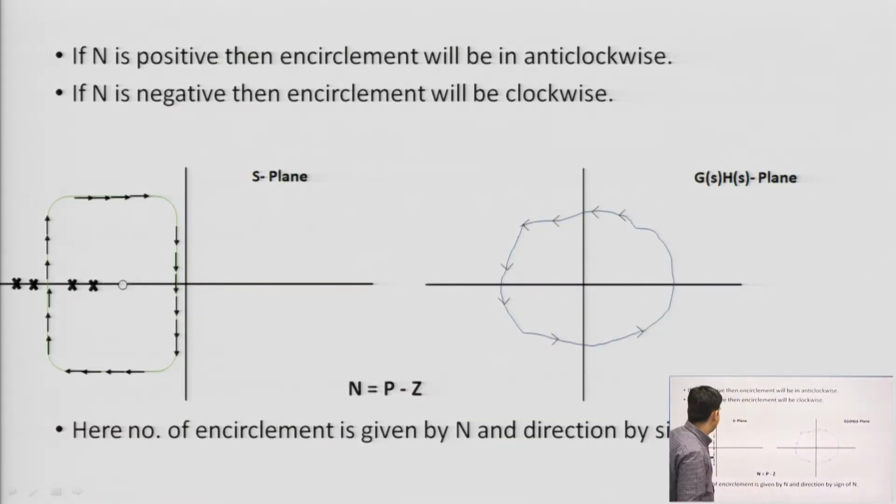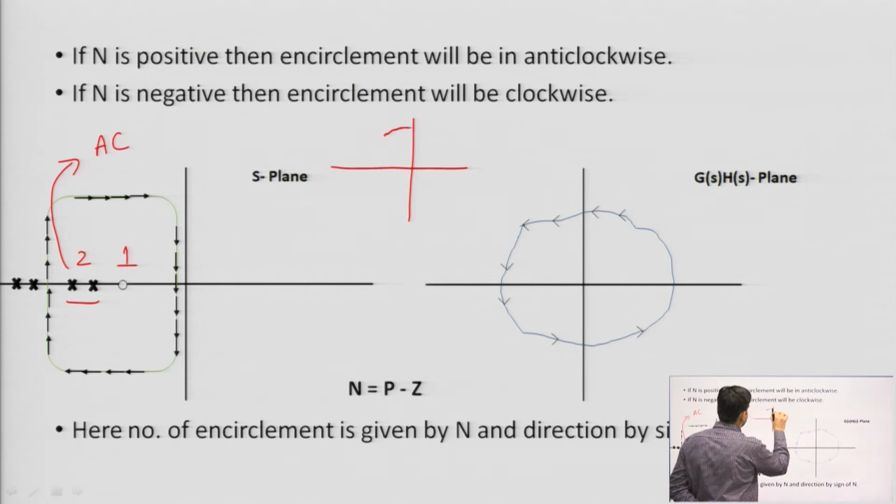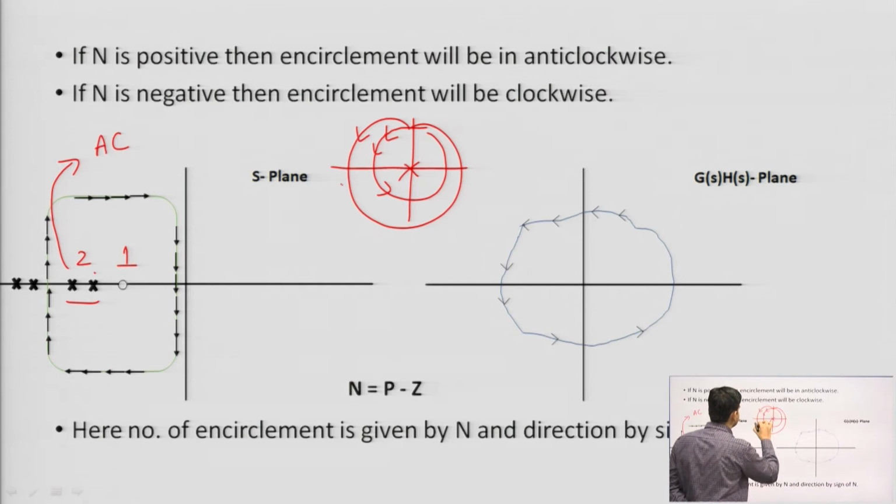To clarify it, we can take this example. Here this is the closed contour in the s plane. Now, it is enclosing 2 poles and 1 0. One pole enclosed by it gives me an anti-clockwise rotation, and it will enclose the origin. The second pole is here, so again I will get one more encirclement around the origin, in anti-clockwise direction, because this contour is clockwise.